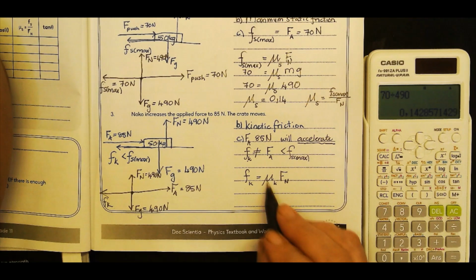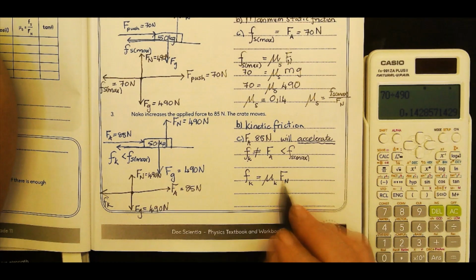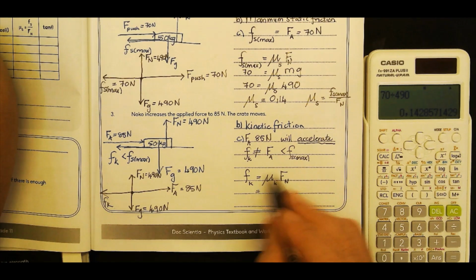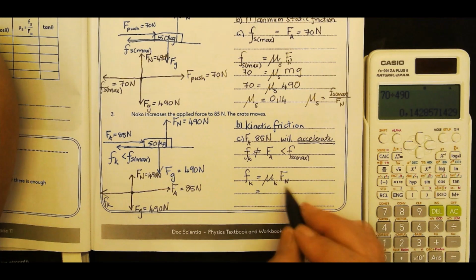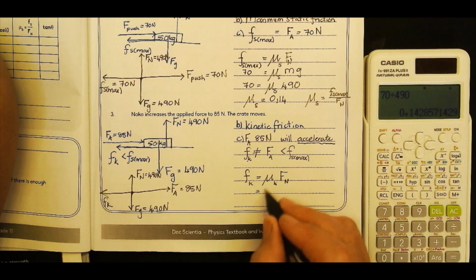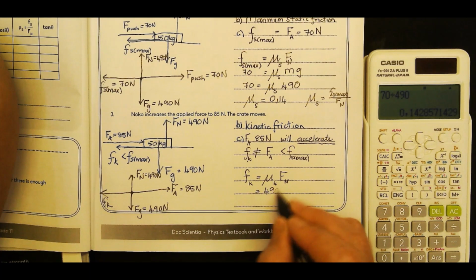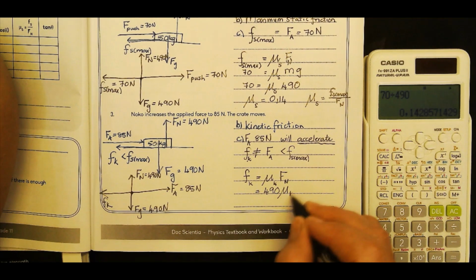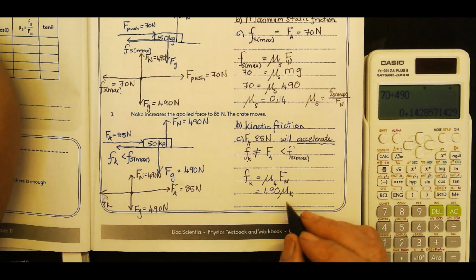It is mu k times the normal force, but this mu k is unknown to us. We don't have the kinetic coefficient of friction, but we have the normal force. It is 490 mu k. This is how far we can get with an expression for the kinetic friction in this situation.